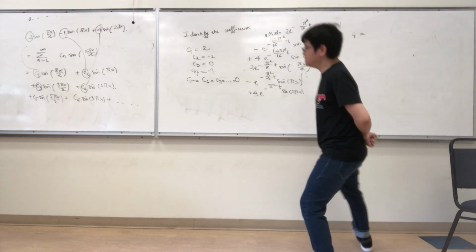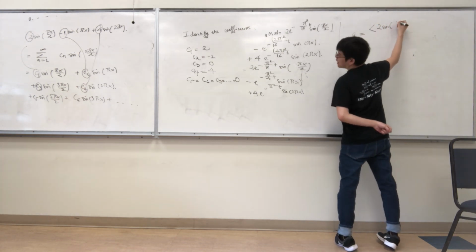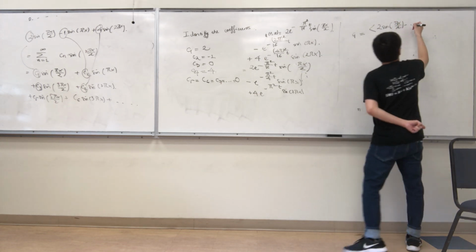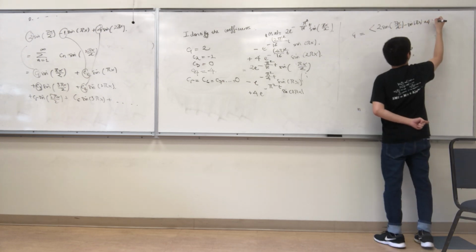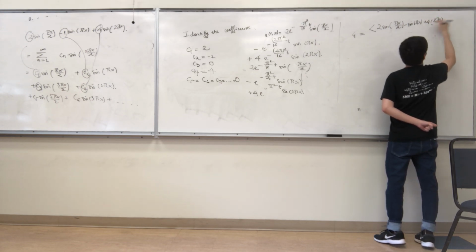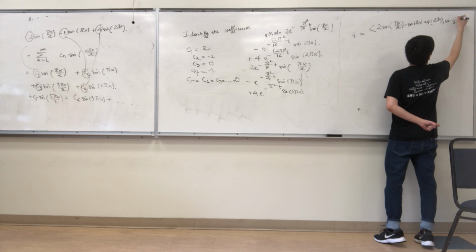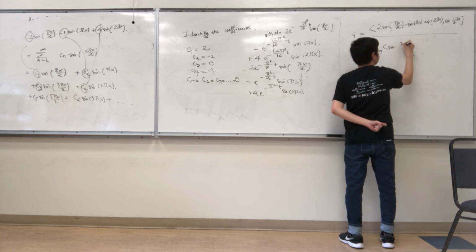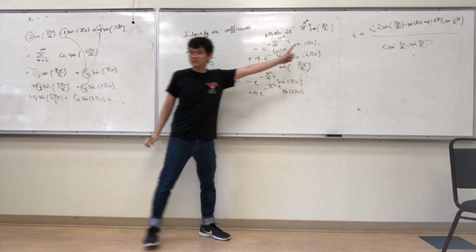C1 is going to be the inner product of that function, 2 sine of pi x over 2 minus sine of pi x over 2 plus 4 sine of 2 pi x, and then you're gonna take the inner product with sine of n pi x over 2, right? And then you have sine of pi x over 2 with sine of pi x over 2, right? So this is how you find C1, for instance.